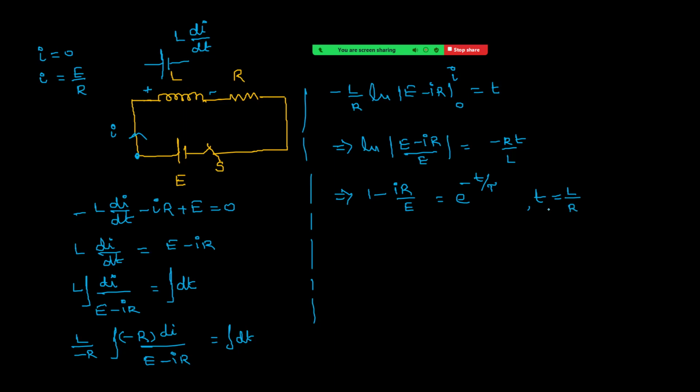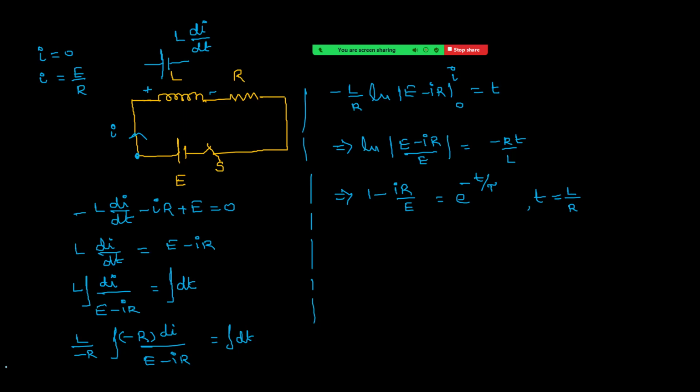And we know that whenever you have e power something, that something must be dimensionless. Since t is a time, this also has dimensions of time. That means L by R has dimensions of time.